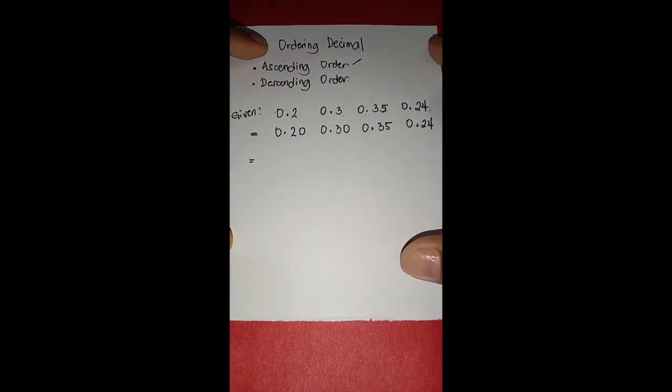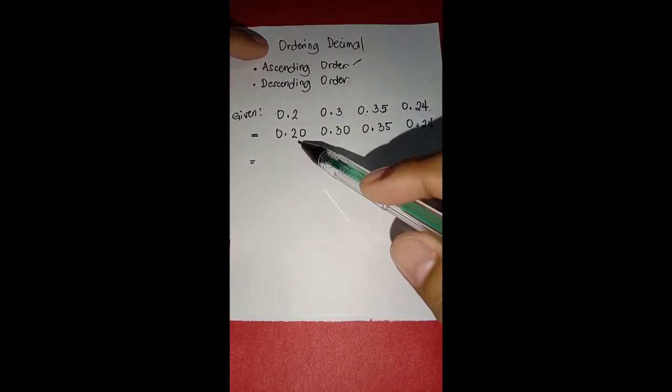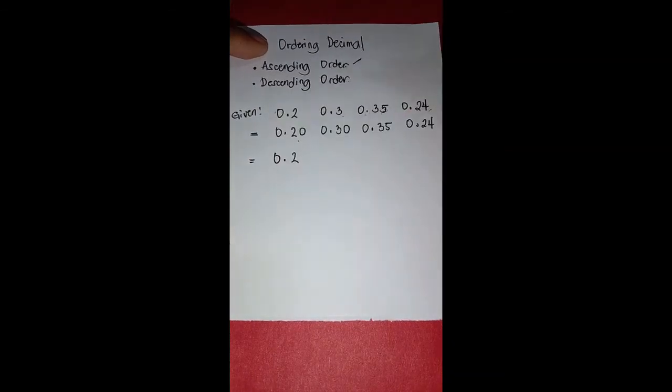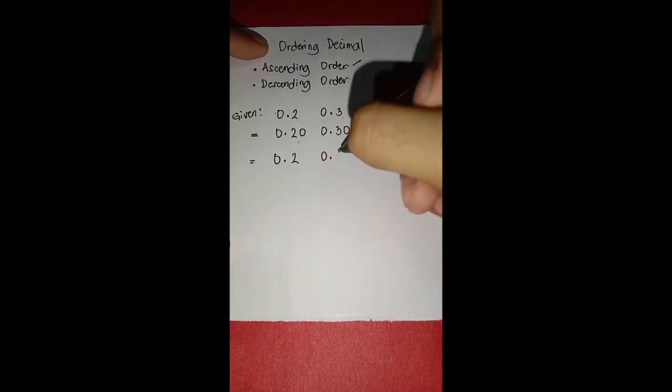So after we rewrite the decimal numbers, simply arrange them into ascending order. Since sinabi ko kanina, i-arrange natin siya by ascending order, the smallest to greatest. So 0.2 yung mauuna. And then followed by 0 and 24 hundredths.